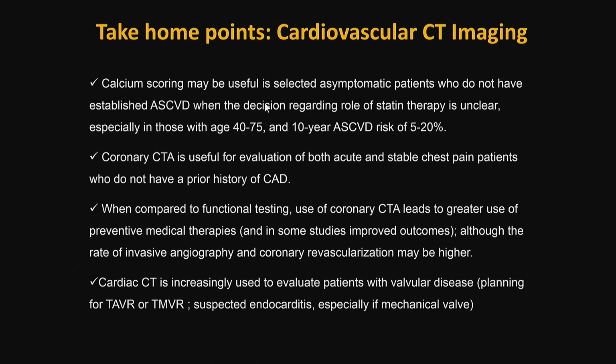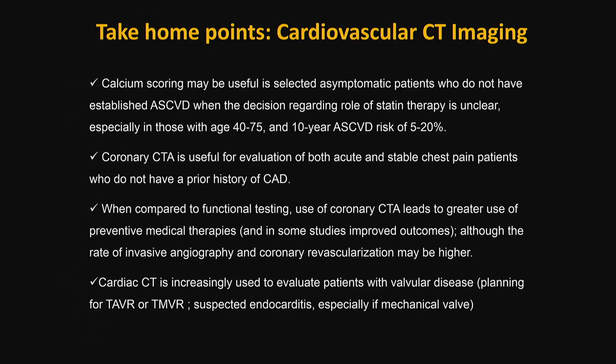So we've covered a lot of material, and in this slide I wanted to summarize some of the main take-home points. We'll summarize 4 points. First, calcium scoring may be useful in selected asymptomatic patients who do not have established ASCVD when the decision regarding the role of statin therapy is unclear, especially in those with age 40 to 75 who have a 10-year ASCVD risk score of 5 to 20%.